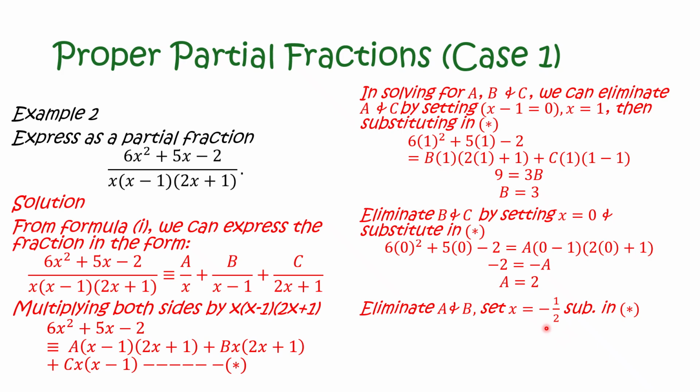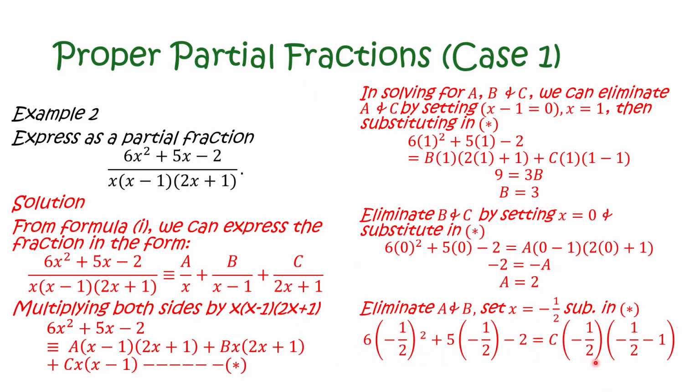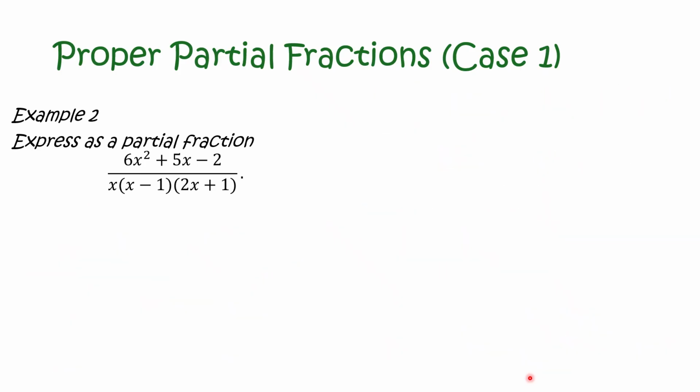We solve for x. We get the value of x, which eliminates all the terms that are multiplied by 2x plus 1. So substituting into equation star, that is what we would get. And simplifying that further, we would get our c being equal to minus 4. Great. So that is the question.